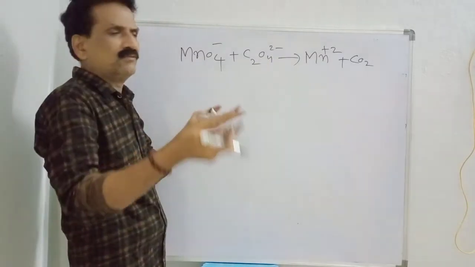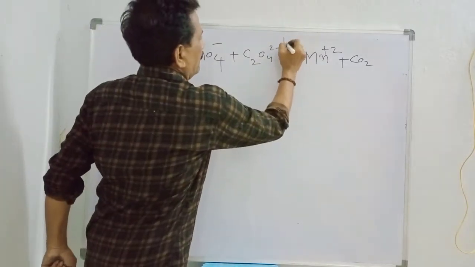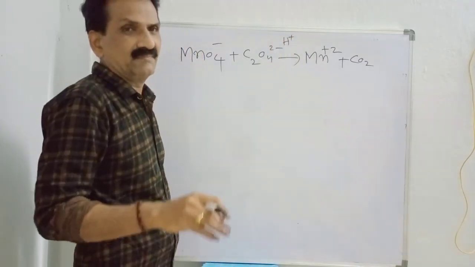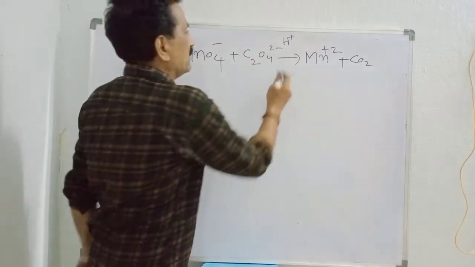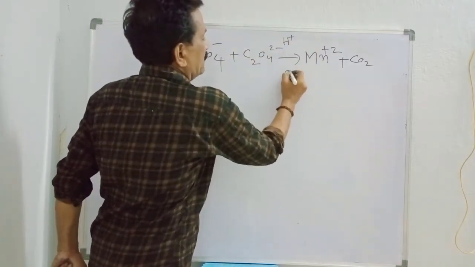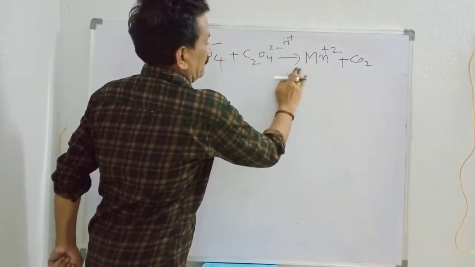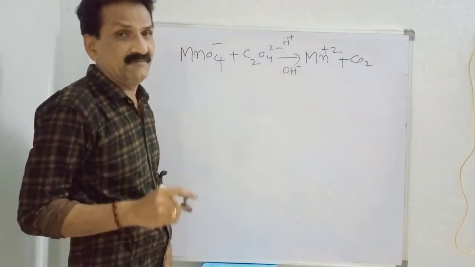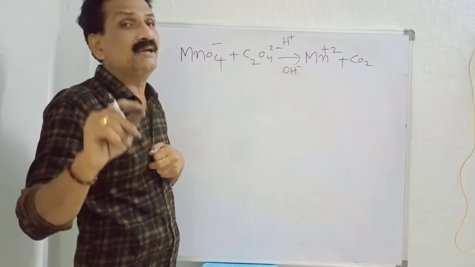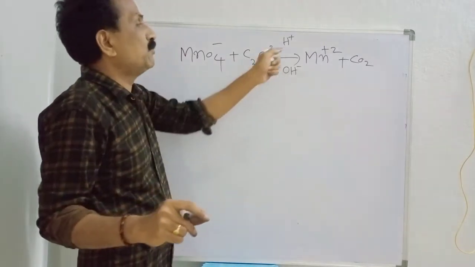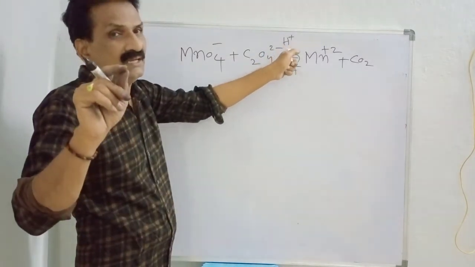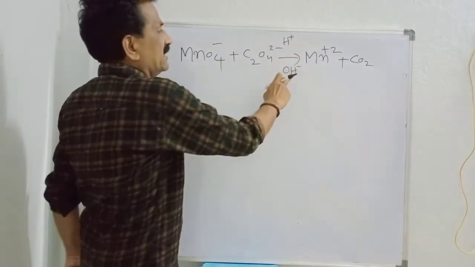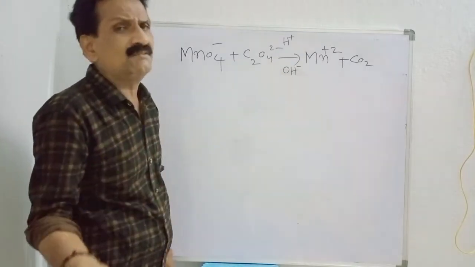Sometimes in the question they may place H plus, which indicates acidic medium, or sometimes they may indicate OH minus, which indicates basic medium. If they have not mentioned acidic or basic medium, you are supposed to know: if they indicate H plus, that is acidic medium. If they indicate OH minus, that is basic medium.